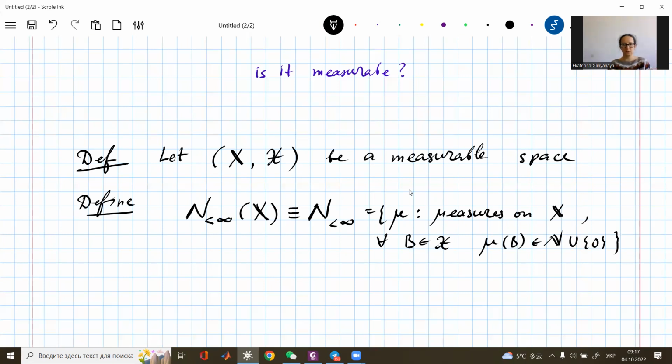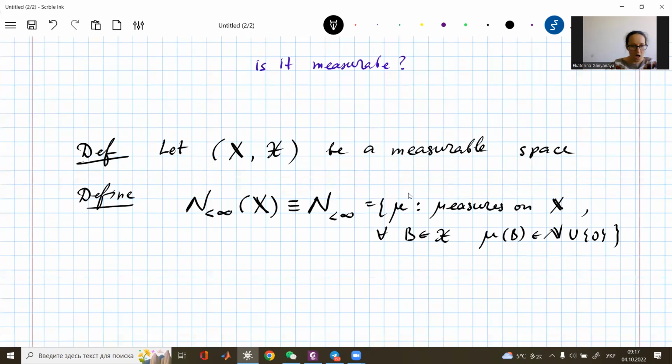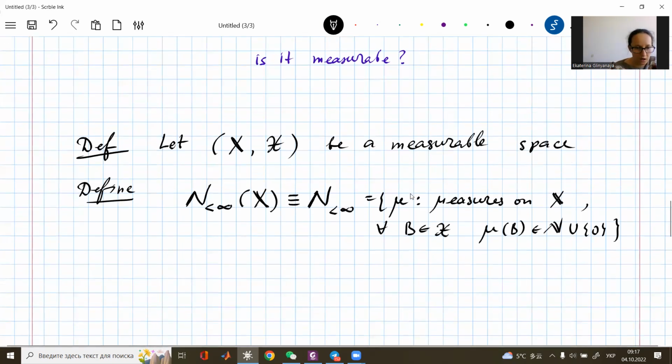So these are finite countable measures on the space X. And now let us define the space of measures that we will consider.